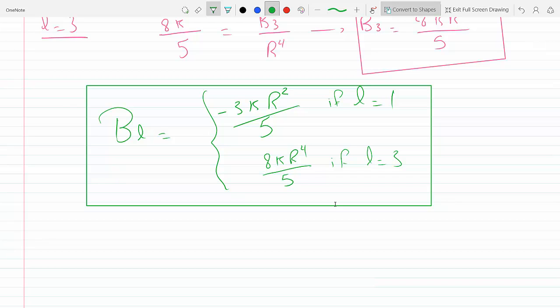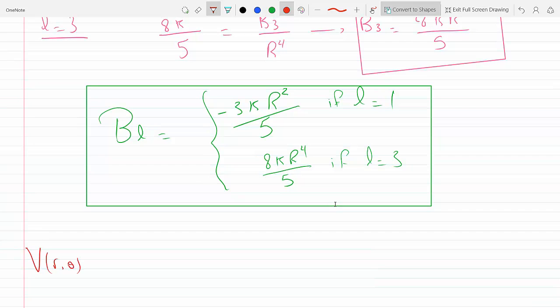So finally, V(r, theta) is equal to the summation. There's only two terms in the summation, L equals 1 and L equals 3.